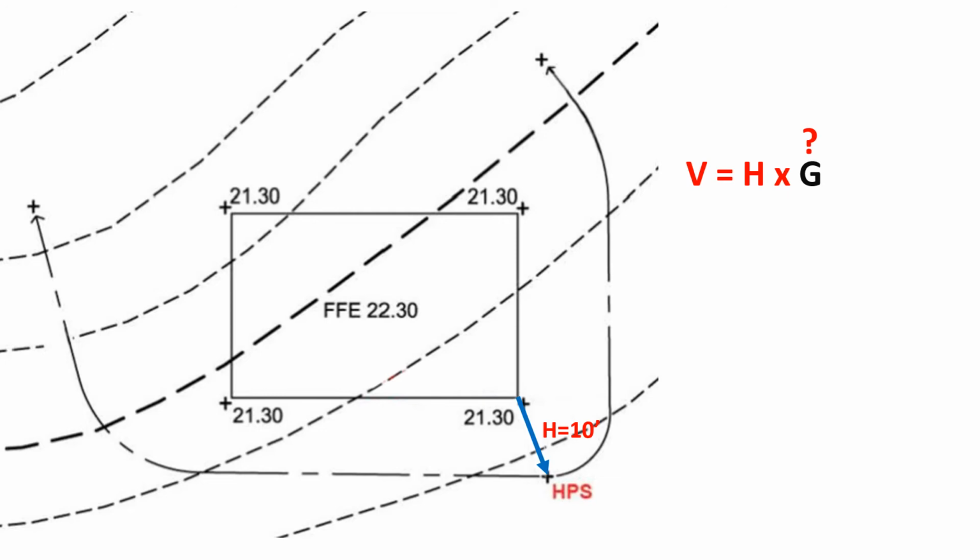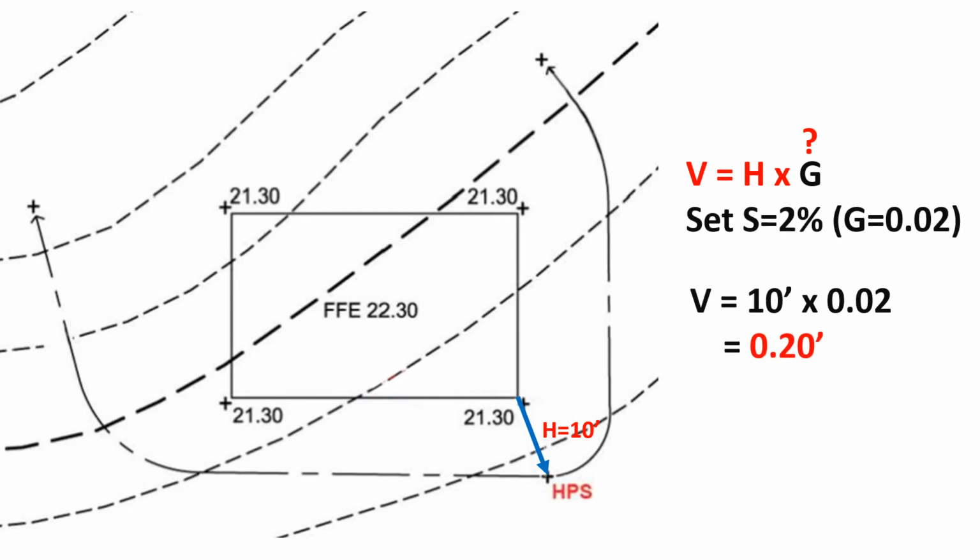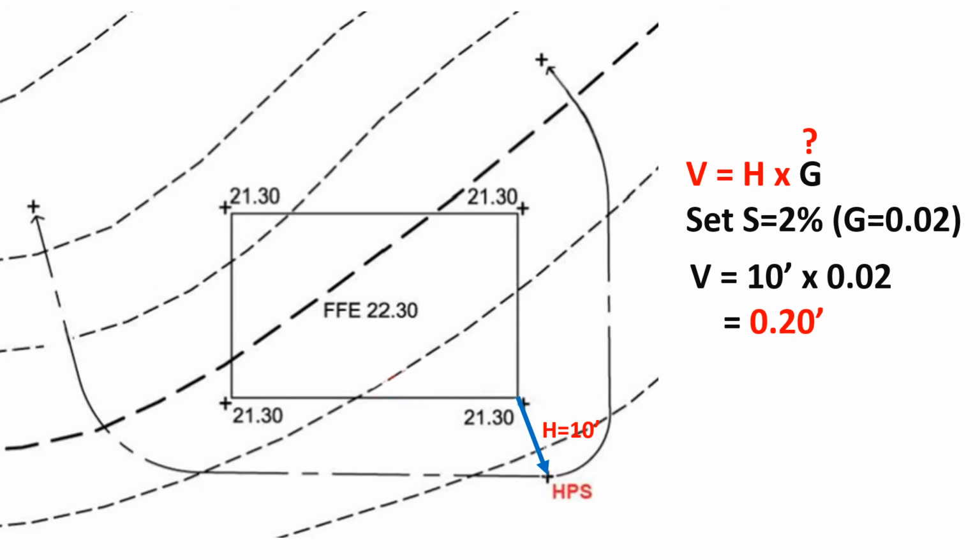Now back to the equation. V equals H multiplied by G, and we plug in H equals 10 feet and G equals 0.02 here. We get V equals 0.2 feet, and then HPS is corner elevation minus that V. So we have 21.10 for our HPS elevation.